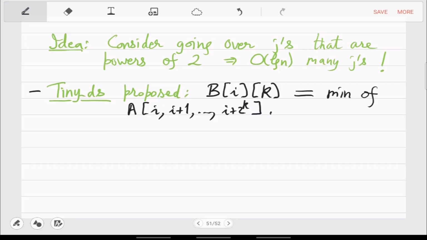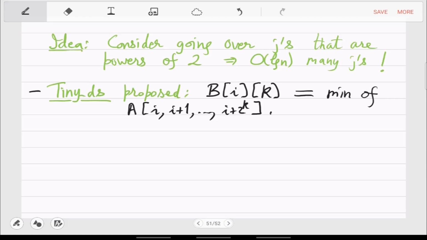This is basically a walk only up to 2 raised to k, that many steps. So from i you walk 2 raised to k many steps, and whatever is the minima, you report and store in B[i][k].